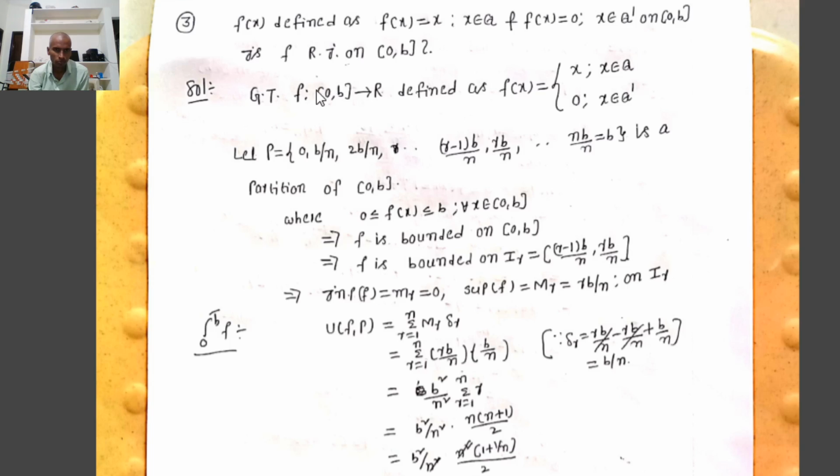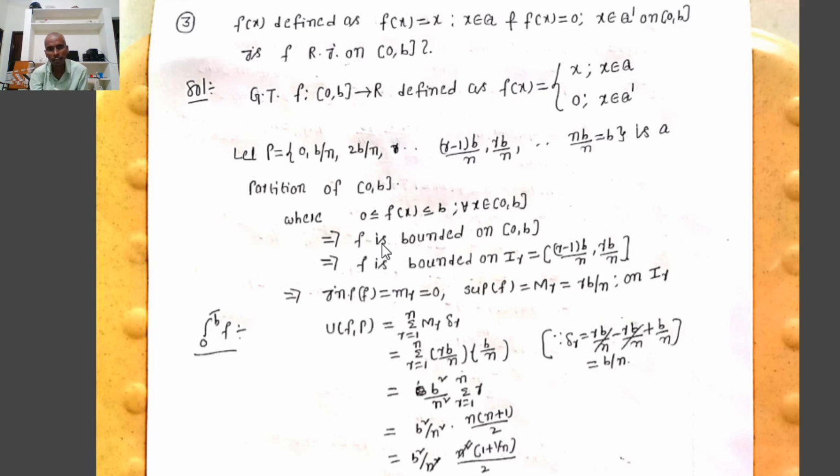Therefore, for x in the closed interval [0, b], on any rational number f(x) = x. On any irrational number f(x) = 0. Therefore the images of f(x) must lie between 0 and b, that is 0 ≤ f(x) ≤ b for all x in [0, b].